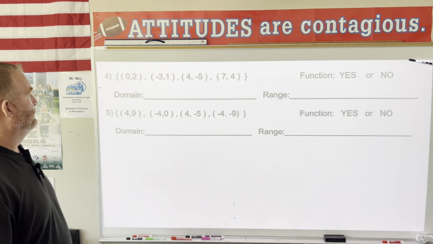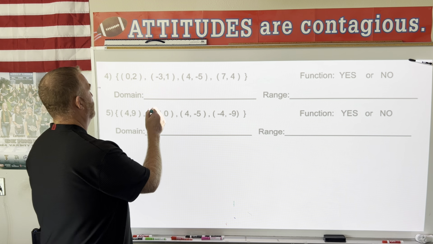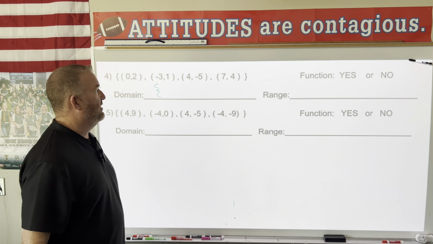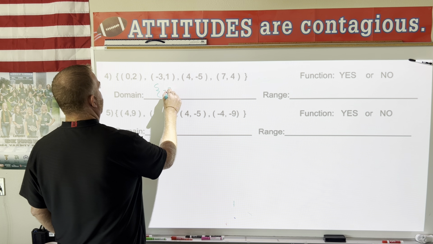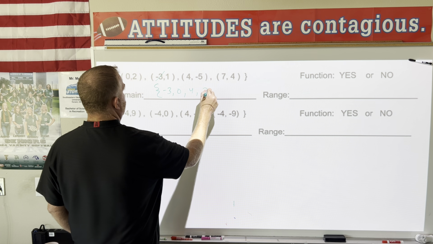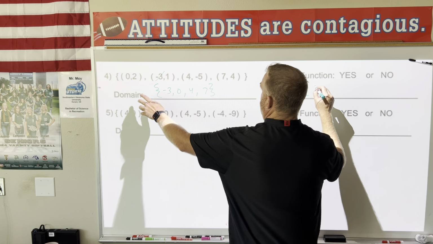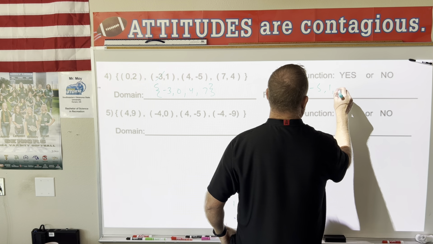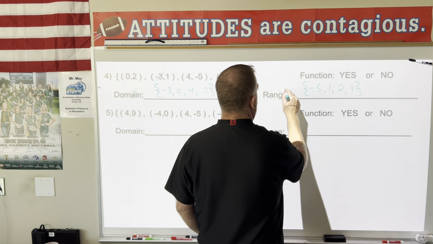Swap the -3. All right. Domain, give me the numbers. Guys, -3, 0, 4, and 7. Cool. Give me the range. -5, 1, 2, and 4. This is your x, this is your y, right?